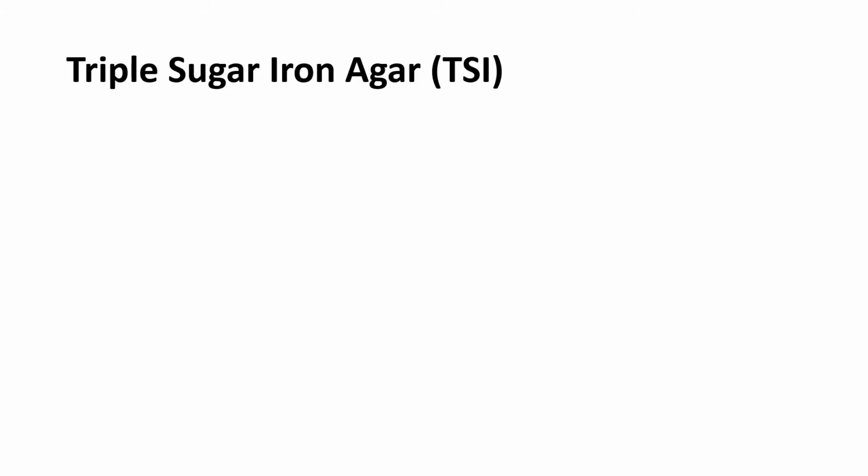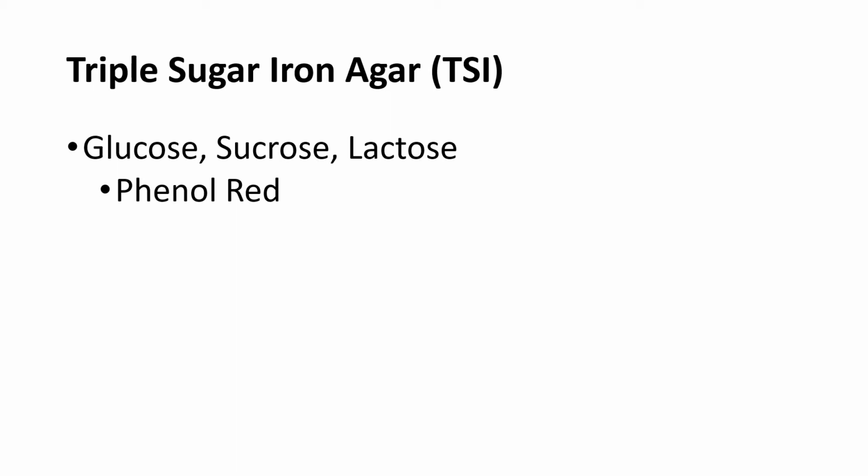The first type of media you would have used is the triple sugar iron agar, or the TSI. And for this triple sugar, you are looking for your bacteria's ability to utilize glucose, sucrose, and lactose. And the indicator for these three sugars is phenol red.